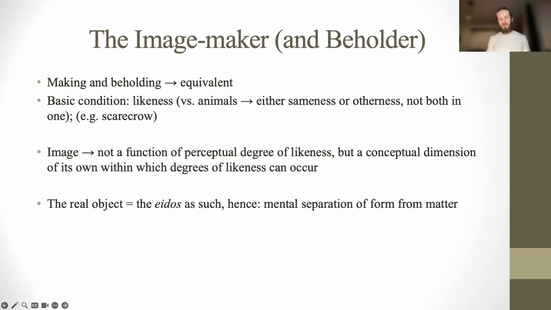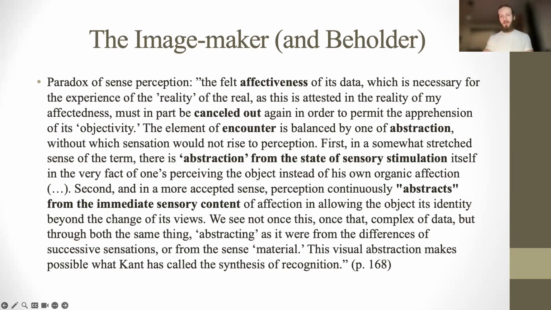So the real object of the image here, as Jonas puts it, is the eidos as such, which means that the capacity to make and or behold images requires the mental separation of form from matter. It requires something that then, of course, plays a very important role in theoretical knowledge as well.